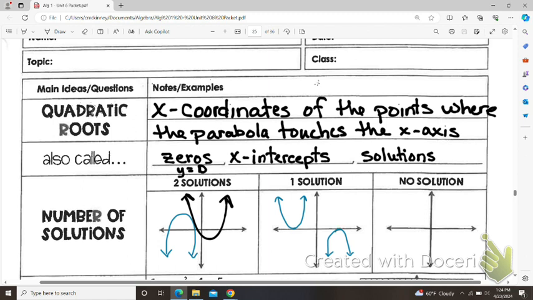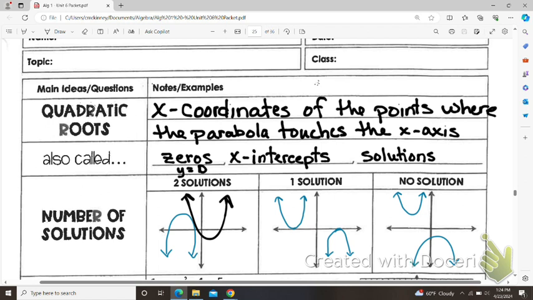And then you can actually have quadratics that we can graph, but they have no real solutions. And that's because they never touch the x-axis. So maybe like this, maybe like that.